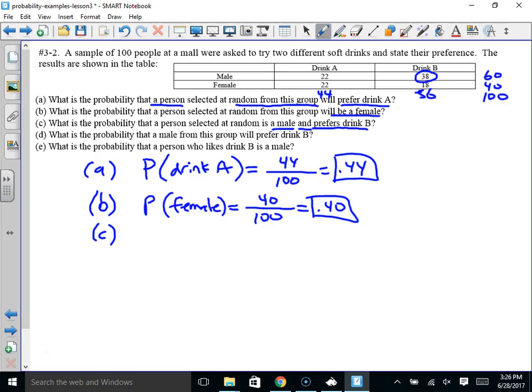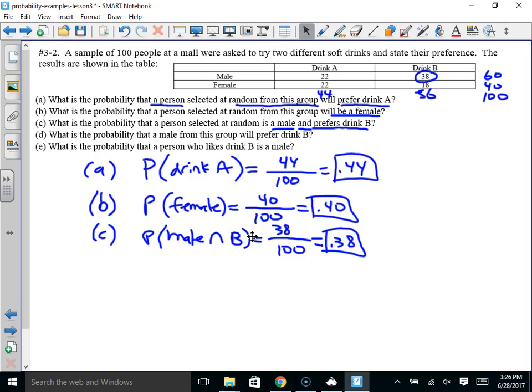It just says a person selected at random, presumably from the entire table. So the person has to be male and they have to like drink B. But again, it's out of all 100 people, how many people are male and like drink B? That's 38. So that would be 0.38. A 38% chance that a person selected at random would be male and like drink B.